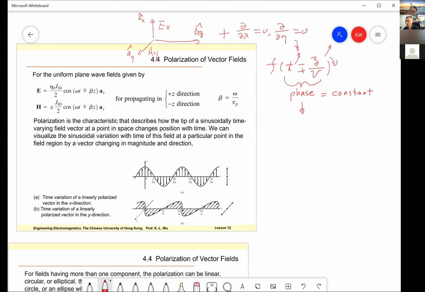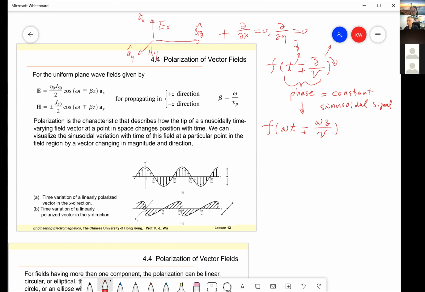If we understand this on a sinusoidal signal, then we can see f is a function of time, right? So I multiply a constant, which is the angular frequency omega, by t, and also multiply omega on z, right?